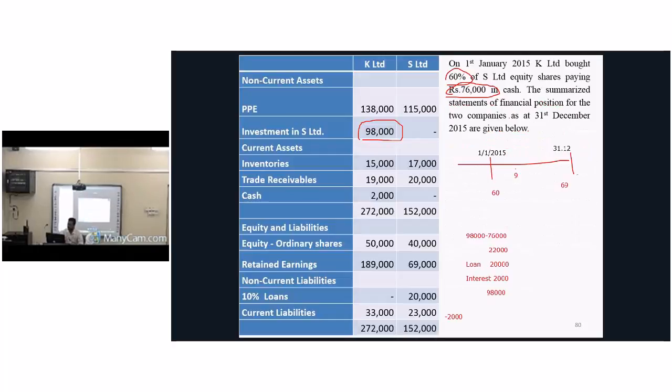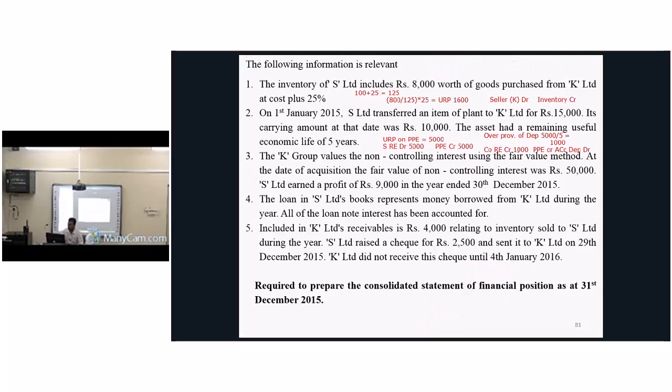Then what should be the double entry here? Check in transit, debit 2,500. Payable account, debit 1,500. We have to cancel all receivables.